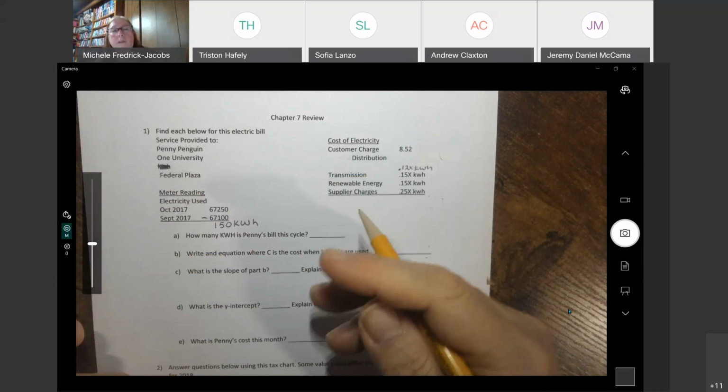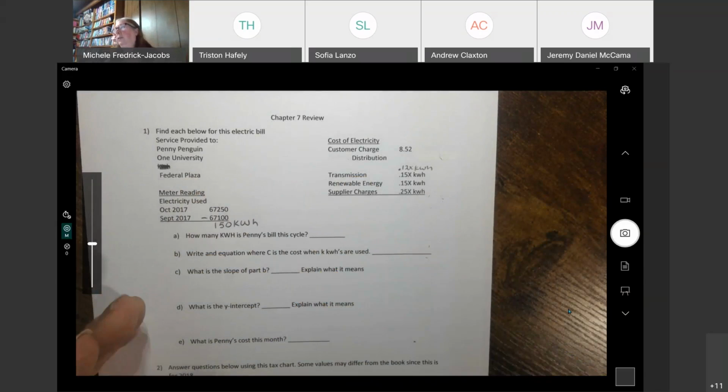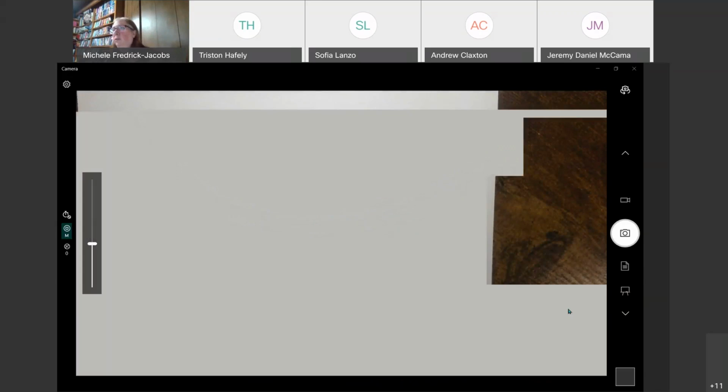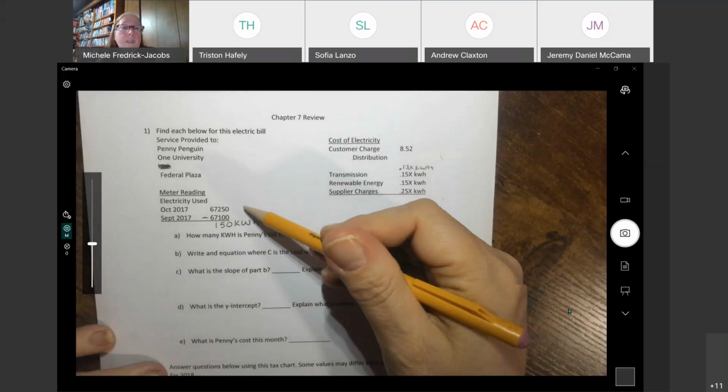Think about the miles in your car. If you were at 10,000 and at the end of the month you're at 13,000, you didn't go another 13,000 miles. You only went 3,000. It keeps a continuous tab on it. And that's the same thing with the meter reading.